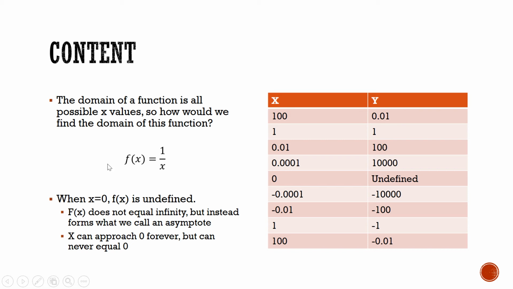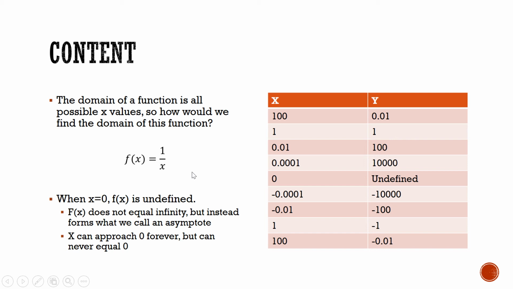These are not polynomials because remember, a polynomial can only have degrees that are positive integers, whereas this here is an x to the negative 1, so that's not a positive integer. Now remember, you can never divide by 0. So if x ever becomes 0, then this entire thing becomes undefined.